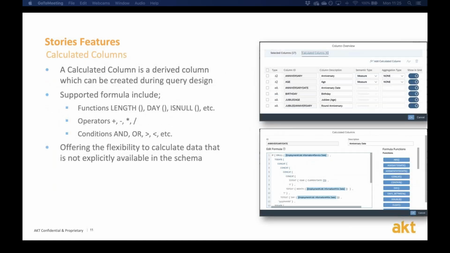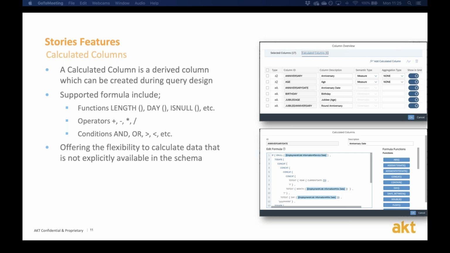One other point of note within the query design is the calculated columns feature. This allows you to derive information that you don't currently hold within the data model. So here we have the examples of calculating either a colleague's anniversary or perhaps their age.